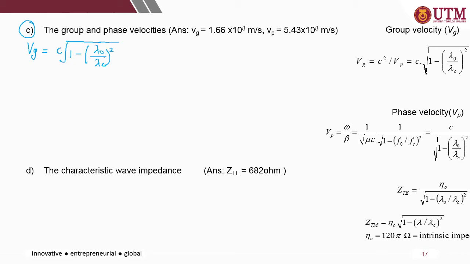Right, so c the speed of light, lambda naught you have calculated from question B, c over f. Lambda c you have calculated in A, so you can get the Vg straight away. Right, for Vp, same steps. So Vp equal to c over the square root of 1 minus (lambda naught over lambda c) squared.